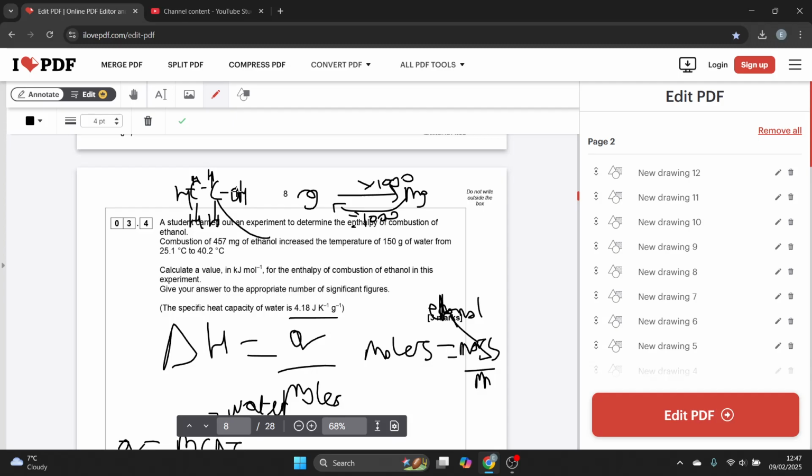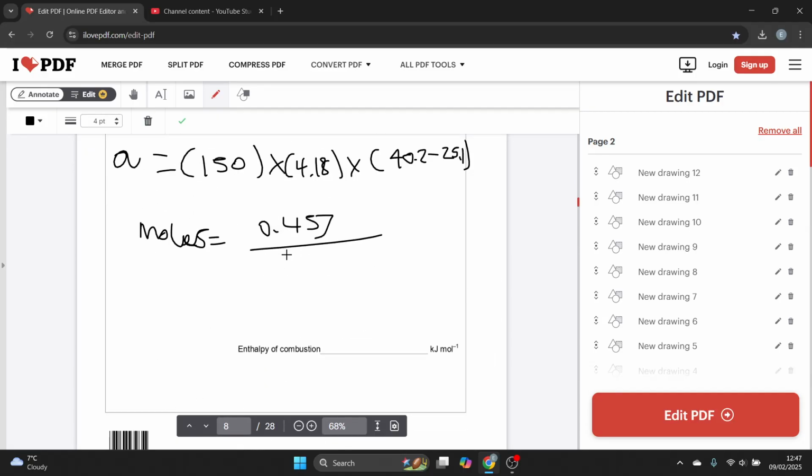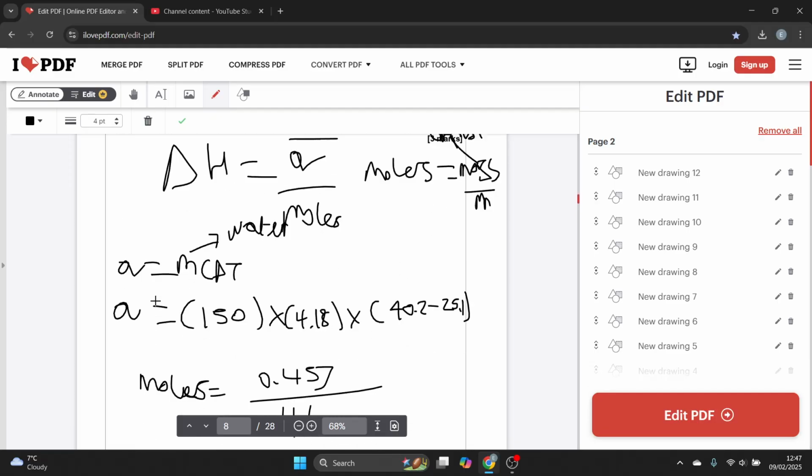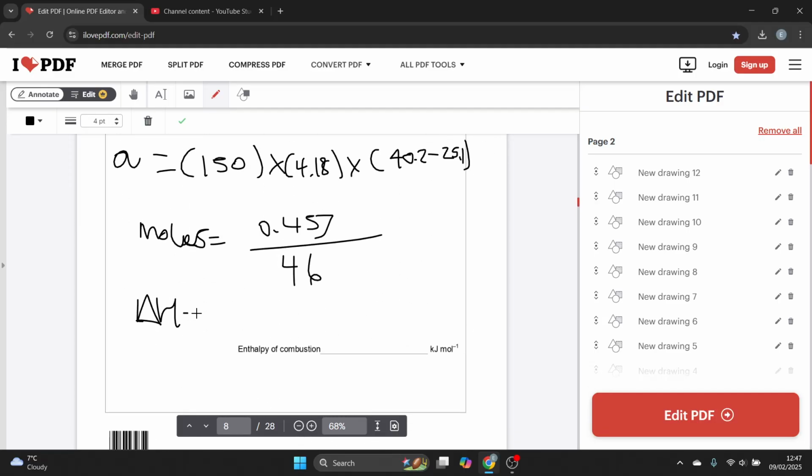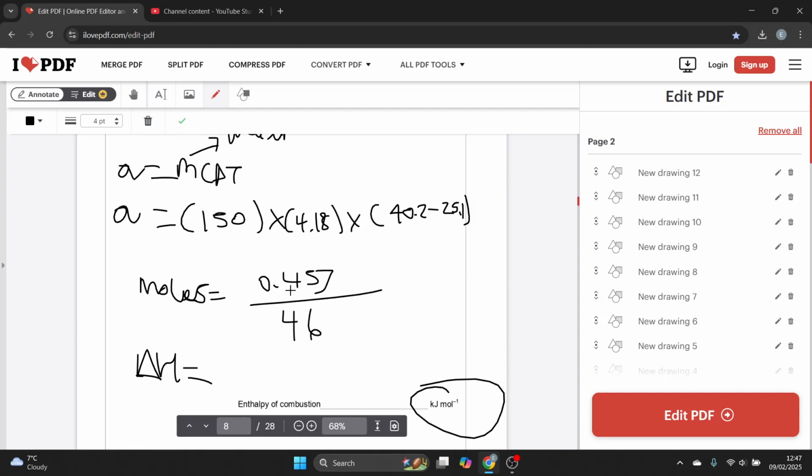But anyway, I'll work out the Mr. 12 plus 12 plus 1, 2, 3, 4, 5, 6 plus 16, 46. Then I'm going to use delta H equals Q divided by moles, and I'm going to work out Q by just putting what I just put in the calculator. 150 times 4.18 times 40.2 minus 25.1. But I want it in kilojoules per mole, so then I need to divide my answer by 1,000.